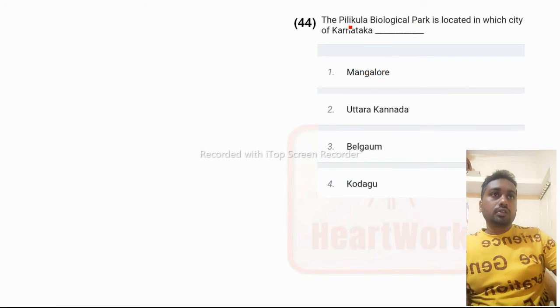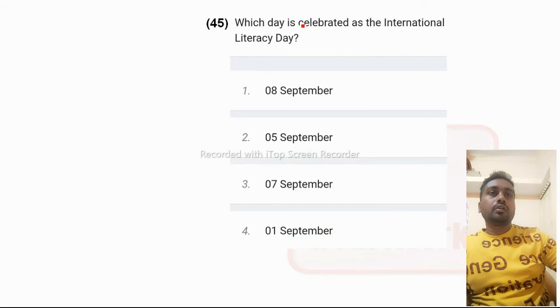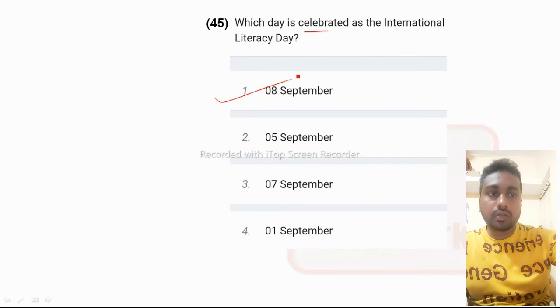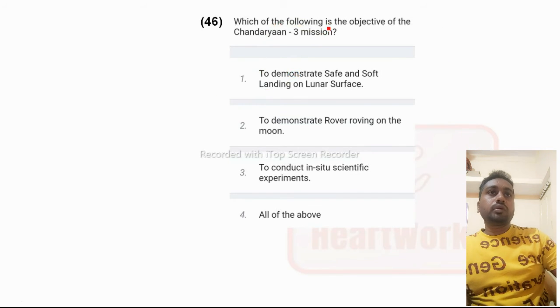Next, the Pilikula Biological Park is located in which city of Karnataka? So it is located in Mangalore. Which day is celebrated as the International Literacy Day? So every year we are celebrating this day on 8th September. Which of the following is the objective of the Chandrayaan 3 mission?